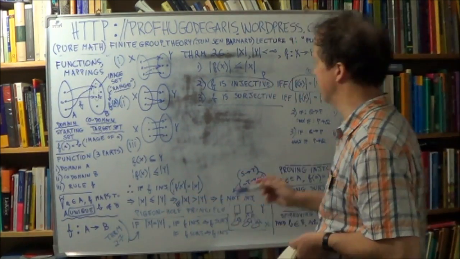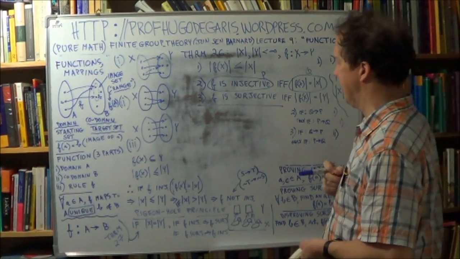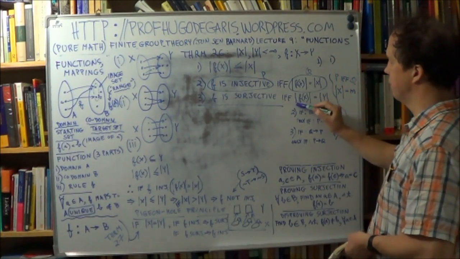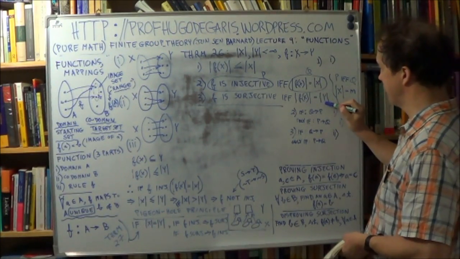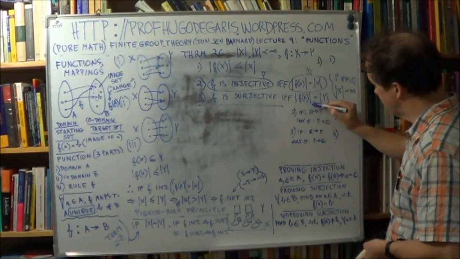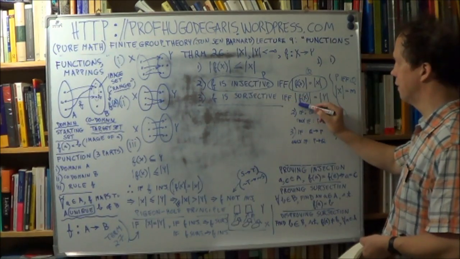That's what surjective means. And we have to prove that the size of your image set, your range, is actually the size of your target set. So let's concentrate on this, and we're told it's surjective.